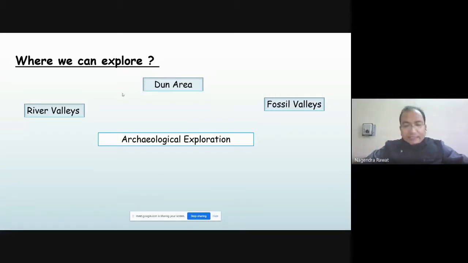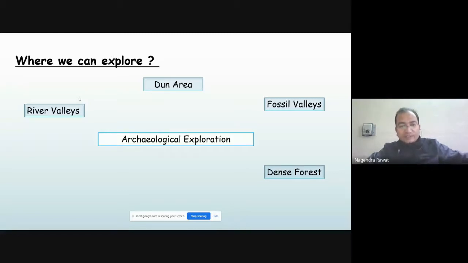Fossil valleys are most important for those in search of prehistoric findings. The next, dense forests. I will come to why dense forests are nowadays becoming more attractive places for archaeologists. Recently, you might have seen the news that some researchers found a huge signature of civilization.